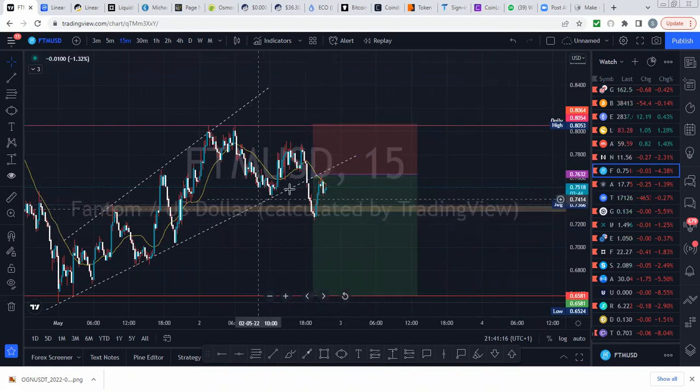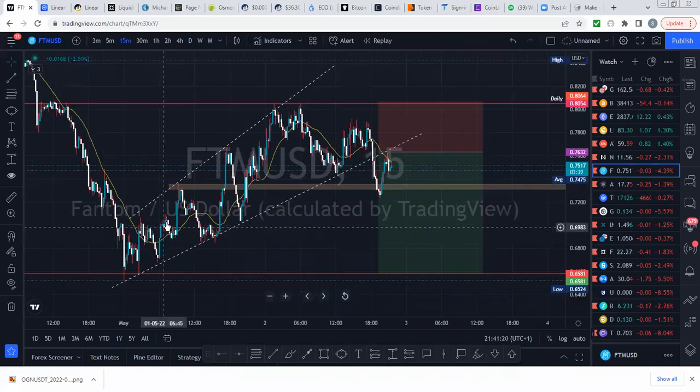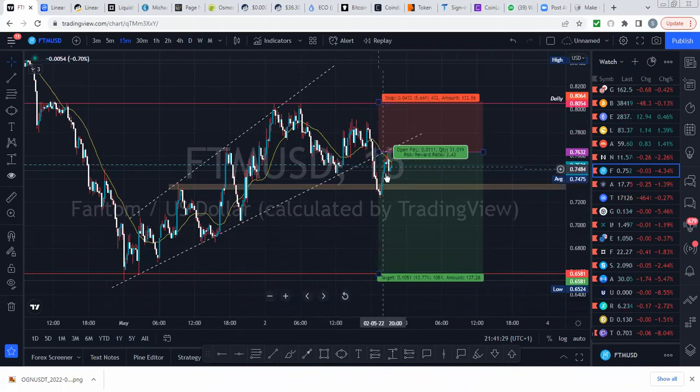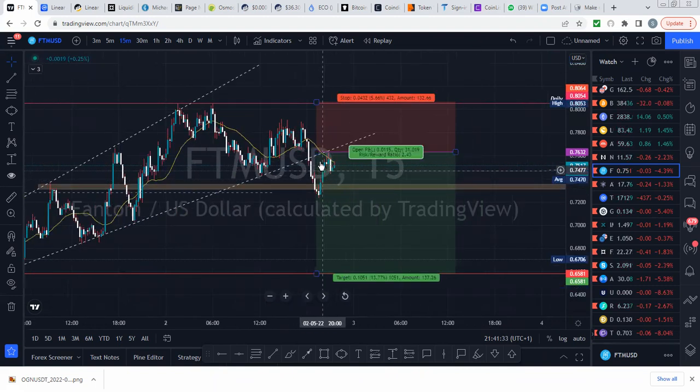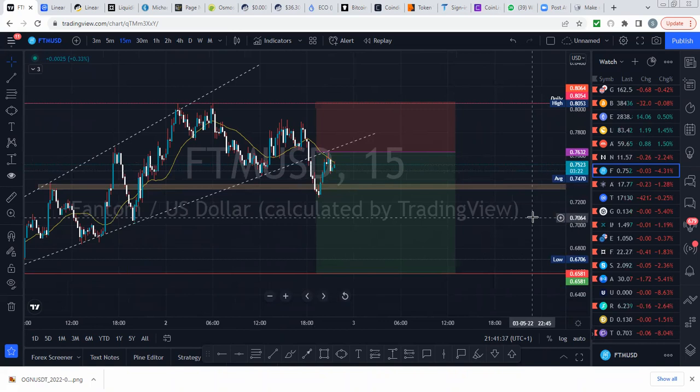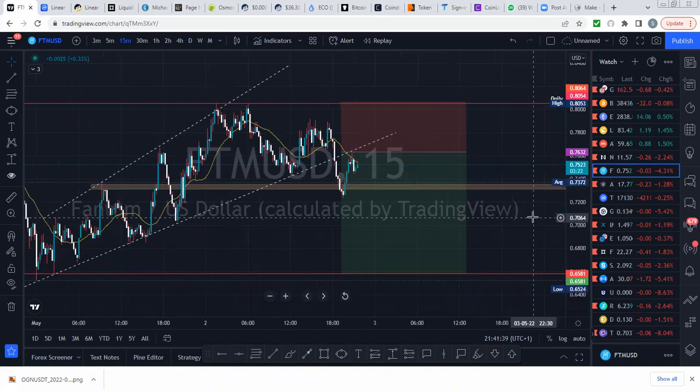Whenever price breaks above the moving average is a buy, and whenever price is below the moving average is a sell. Our price is still below the moving average, so I don't have any doubt in mind here. I'm still holding.